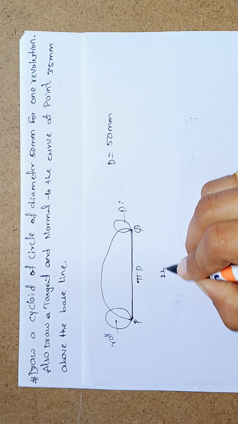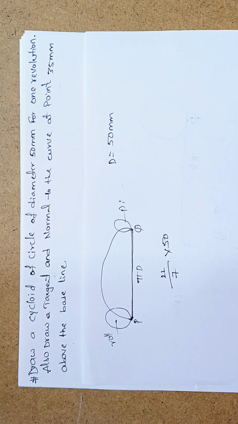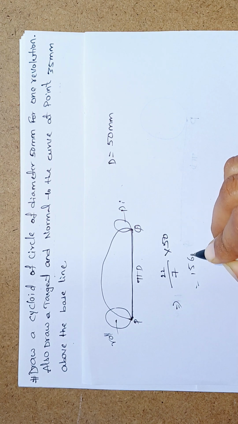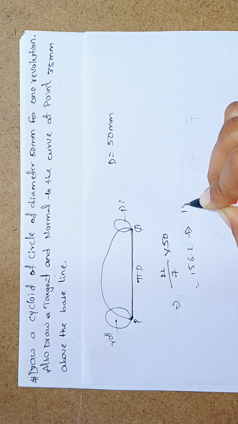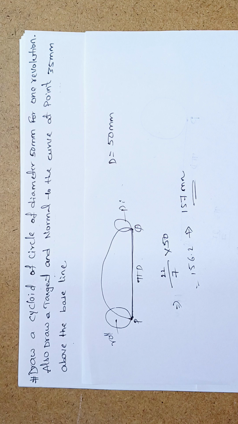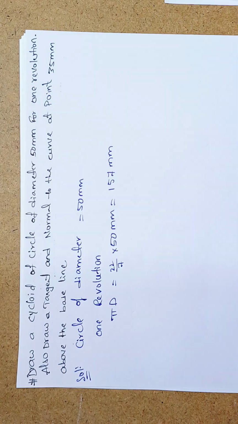Here the formula is pi d, that is 22/7 into 50. Calculating 22/7 into 50 gives approximately 156.2, so we take it as 157 mm. Now we will discuss it clearly with the instruments.